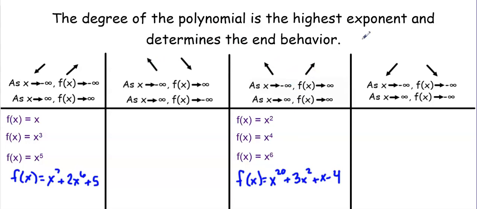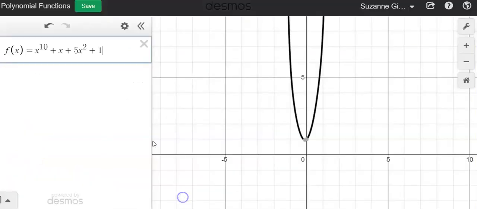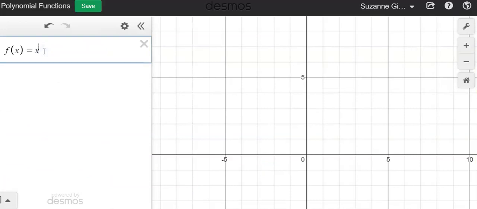Okay, so we didn't see any as we were first exploring that had end behavior that looked like this, where the left end was going up and the right end was going down, or both were going down. To have both ends going down, you should remember from your study of quadratics that you just have to reflect the polynomial over the x-axis. So I'll make that negative.